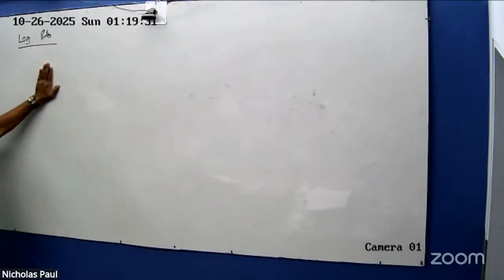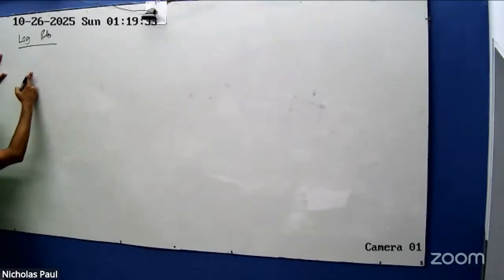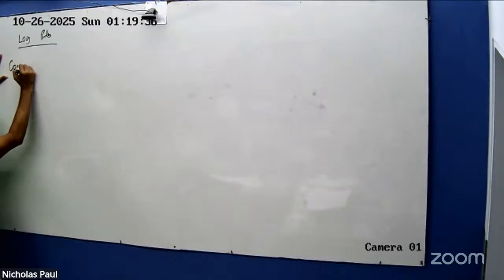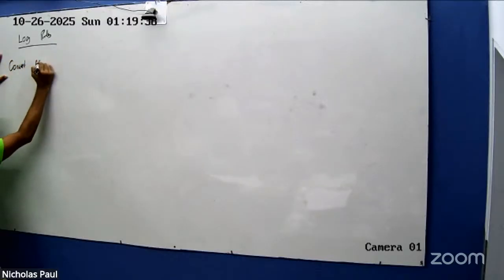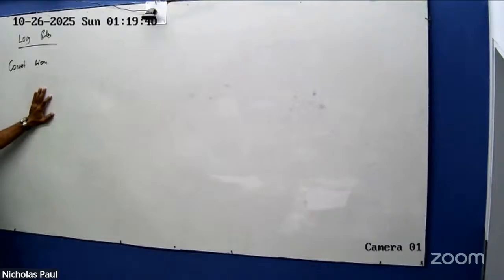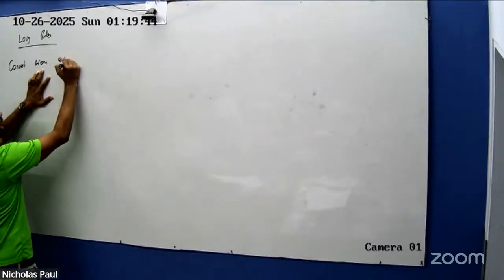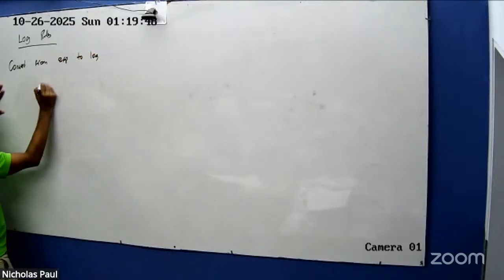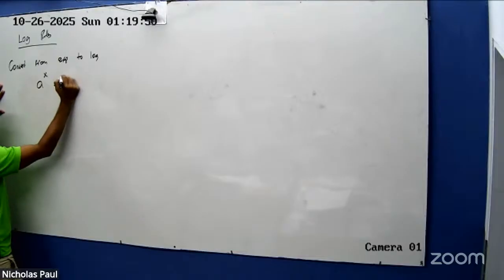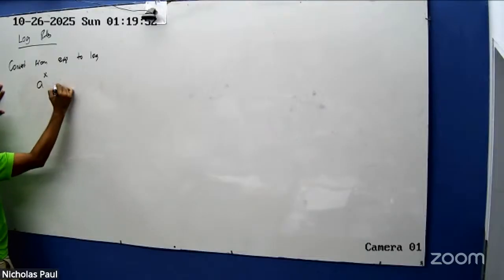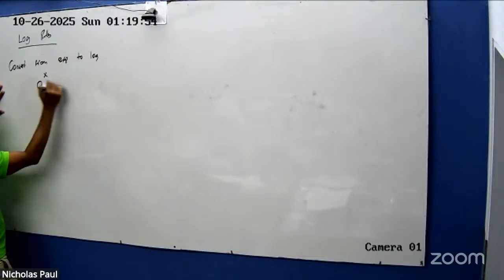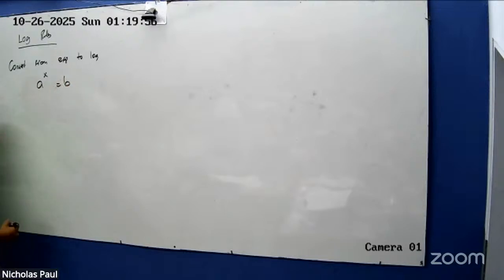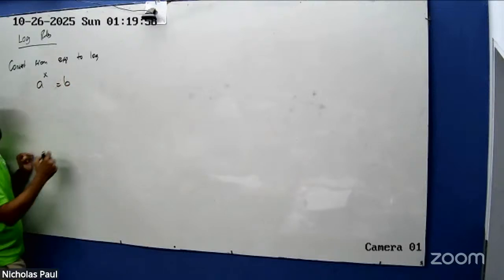But before we do the log rules, we had to make sure that we could convert from exponential form to log form. So if I give you something like a to the x is equal to b, how do we convert again?